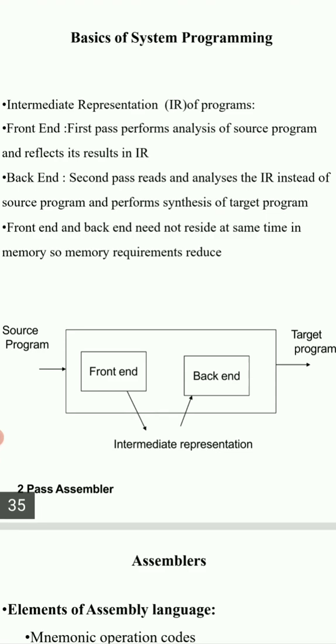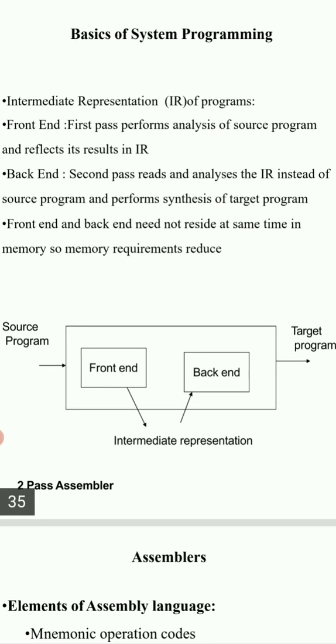So we can say at the back end, the second pass will read and analyze the intermediate representation instead of the source program, because now the front end is giving its result in the intermediate representation. That can be used by the back end, and it will perform synthesis of a target program.